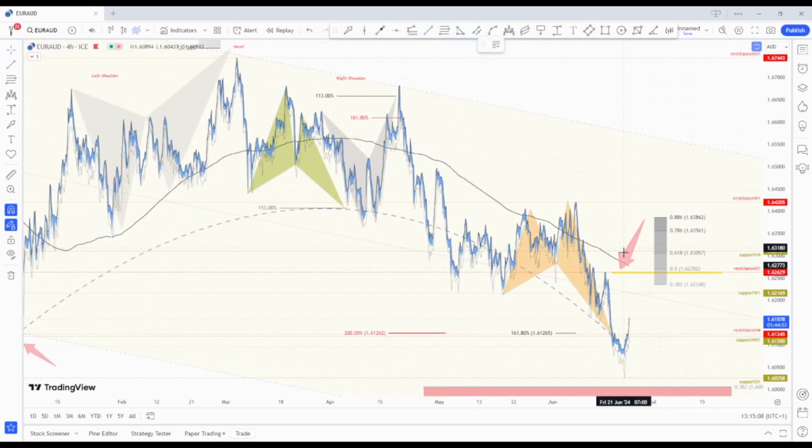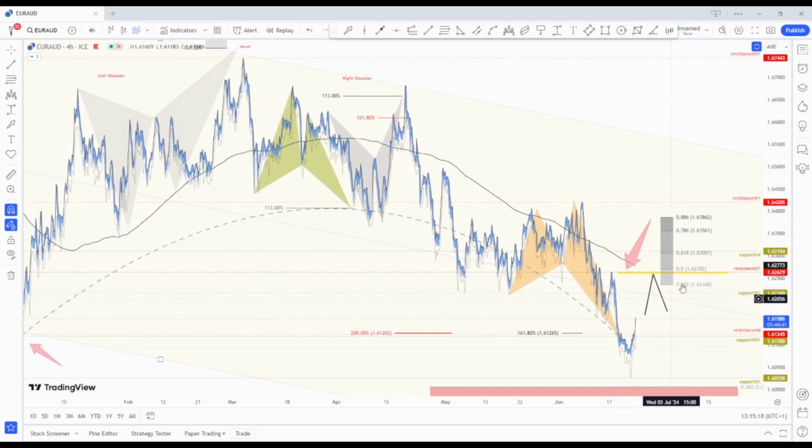So very similar to the previous analysis. So we expect a reinforcement of this resistance, and if that happens, we will pay attention to the formation of this eventual right shoulder.